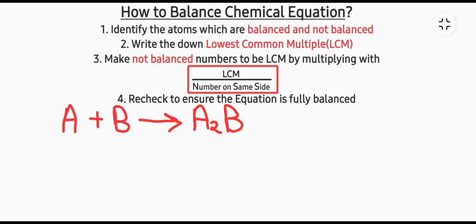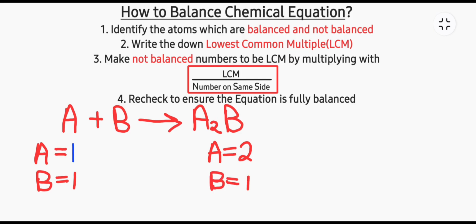So the A on the left is 1, the A on the right is 2, and then the B on the left is 1, the B on the right is 1. So if we check, the balanced one is B, 1 and 1, and the unbalanced one is A, 1 and 2.